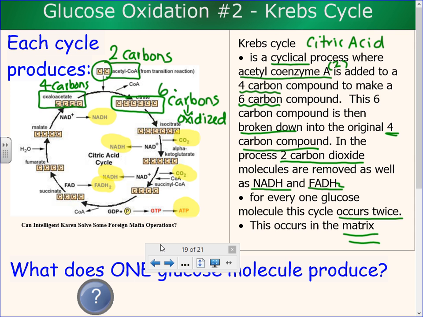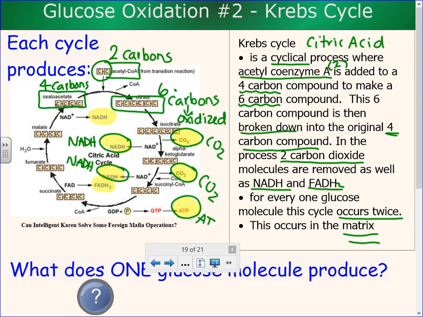I get, for example, a molecule of CO2, and then another molecule of CO2. I get NADH being produced. I get another NADH being produced. I get a molecule of ATP. I get FADH2. And I get another NADH.